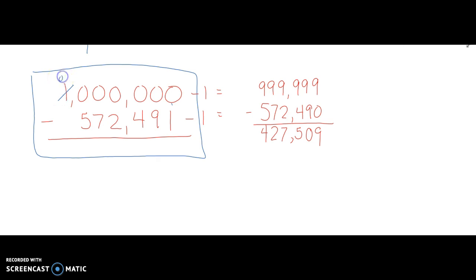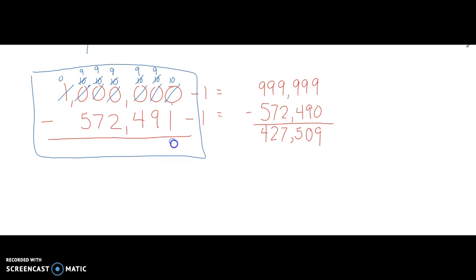We'll take 1 away from here, add that 10 onto this place value, the 100,000s place, take 1 away, I'm left with 9, add your 1 that you've taken from that to the 10,000s place, take 1 away from that, add that 1 into the thousands place, take 1 away, add 1 to that, take 1 away, add 1 to that. I'm being very quick, of course, because I'm assuming you understand the process.